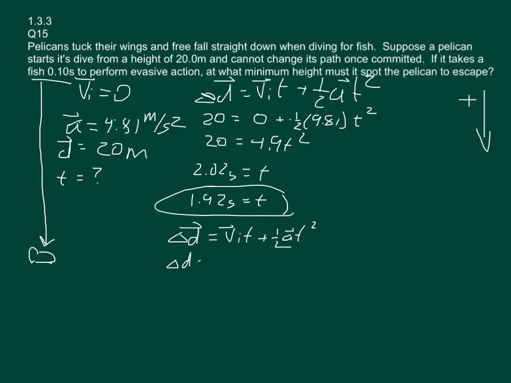We don't know d. We know this is still 0 plus 1/2 9.81 times 1.92 squared.